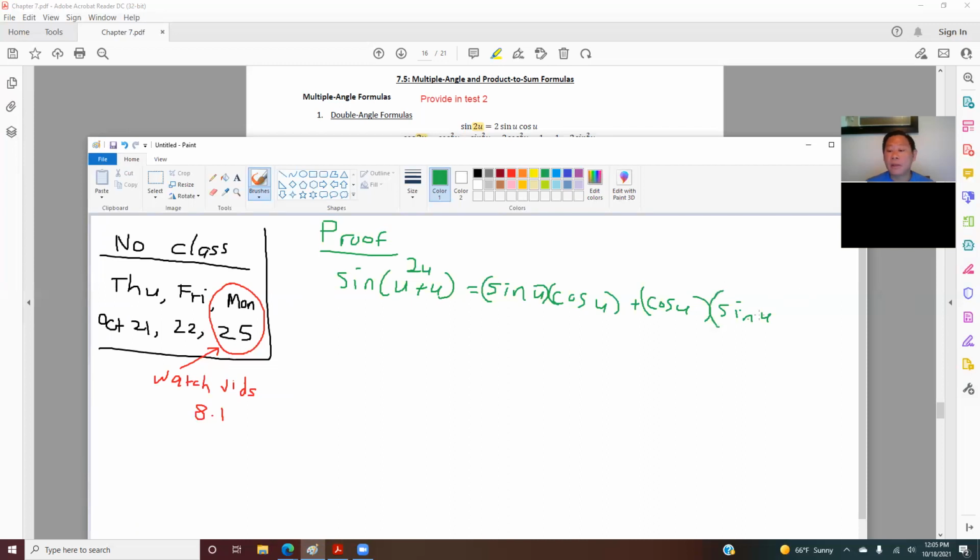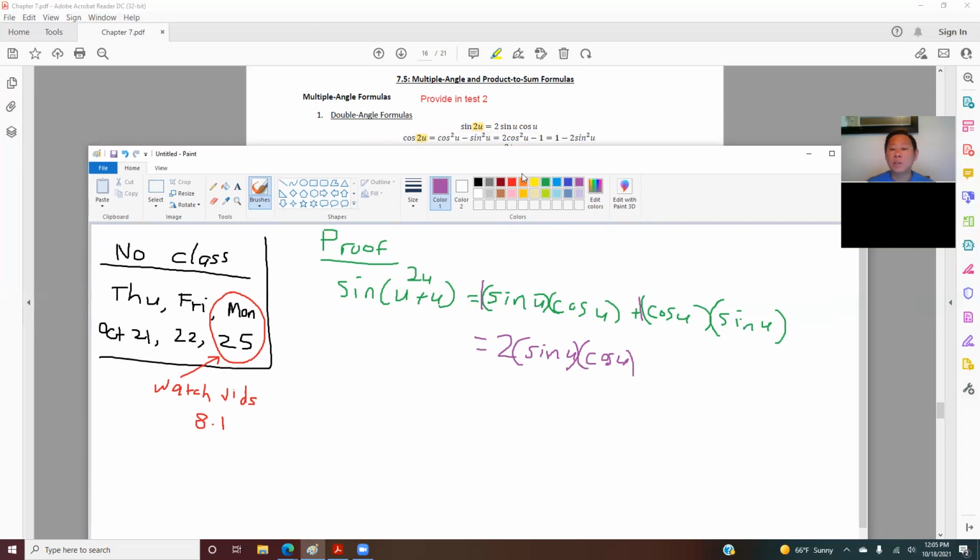If you look carefully, these two are like terms. So when you combine them, this becomes 2 sine u cos u. So this is the formula for sine 2u: 2 times sine u times cos u.